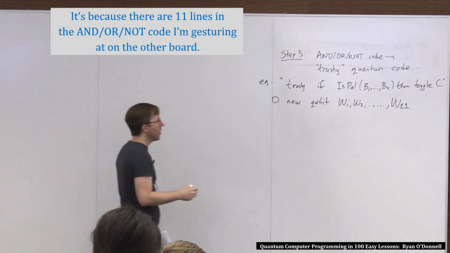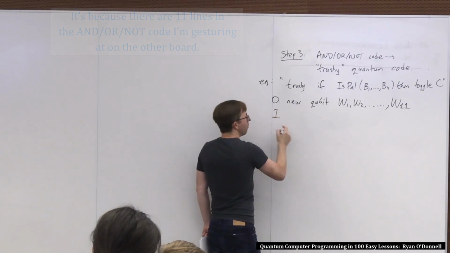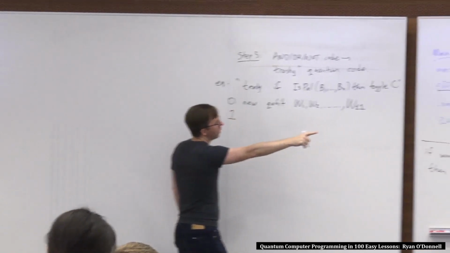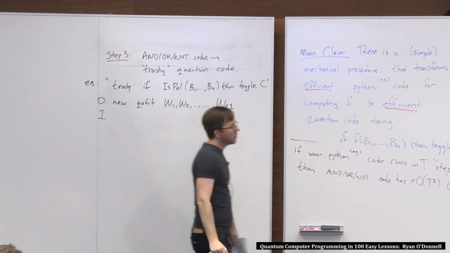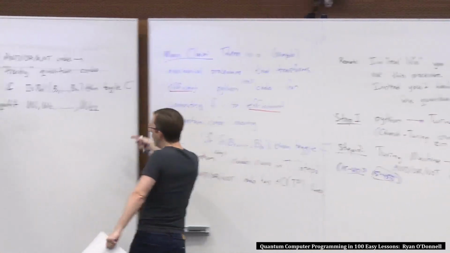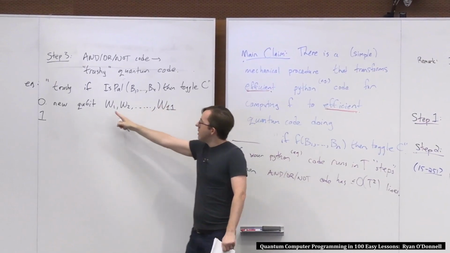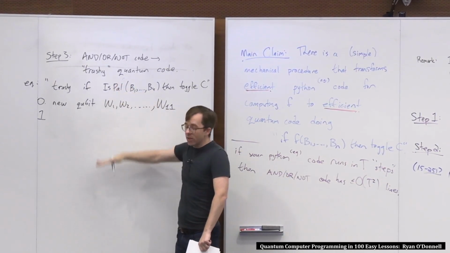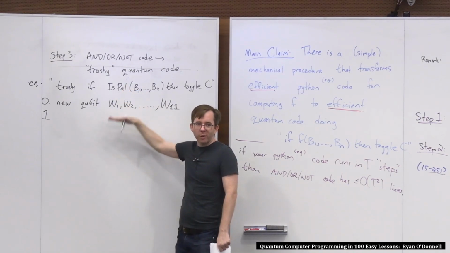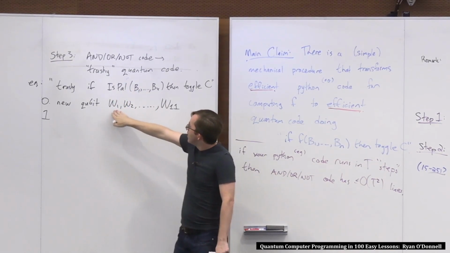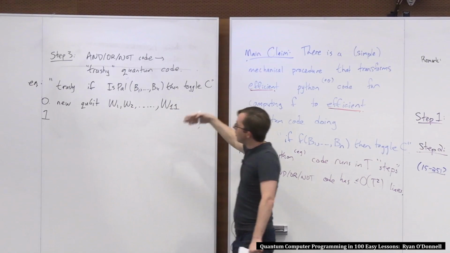And then we're just going to start converting this if and or not code to code that does the same thing. So in our quantum code, when we do this new qubits, everything here is going to stay completely classical. Even though these are qubits, they're only going to have regular old bit strings. So when we initialize these qubits, we know they all have value 0.